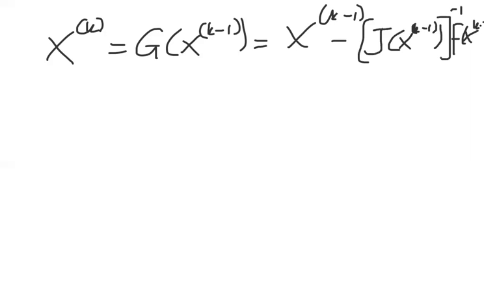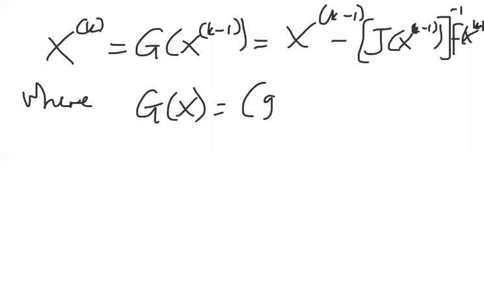I've run out of space here, but I'm sure you're able to see that the last expression there is just capital F evaluated at x_(k-1). And of course, let me write what those matrices are. G(x) is just this column vector which will contain these functions G1 up to Gn.